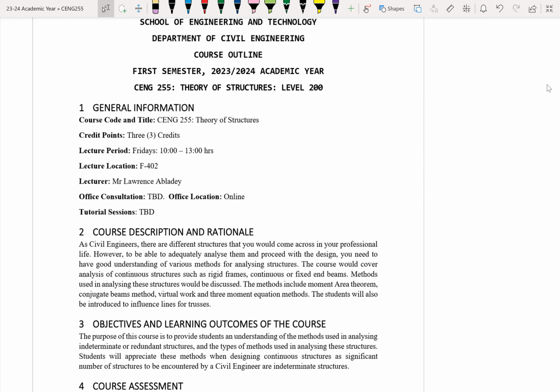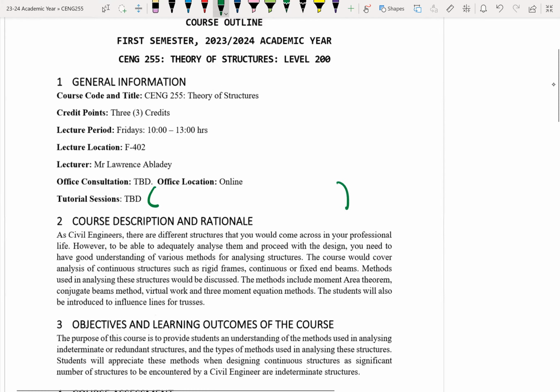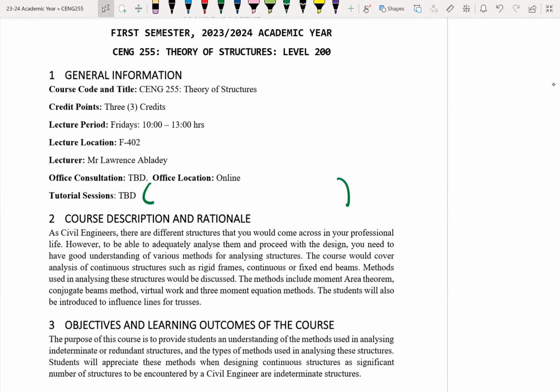The same goes for the tutorial sessions, where we have to come up with a time. I'm looking at 1.5 hours for the tutorial sessions, or anytime between 1 hour and 1 hour 30 minutes.